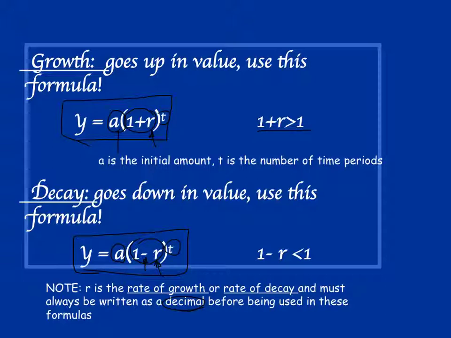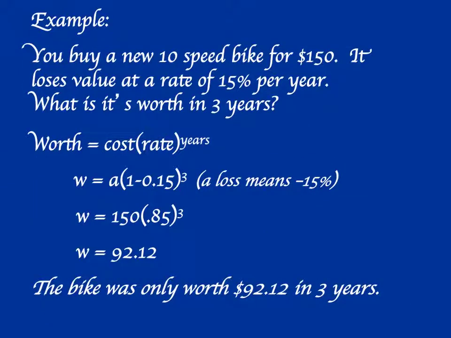Okay, so here's an example. You want to buy a 10-speed bike for $150. It loses value at a rate of 15% per year. What is its worth in 3 years? Well, as you can see here, it's going to be a decay because we're losing value, and the rate is 15% per year.